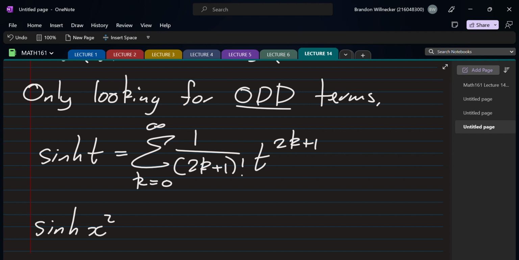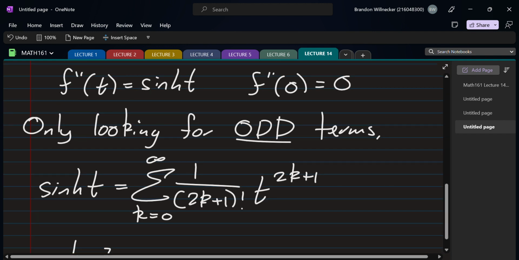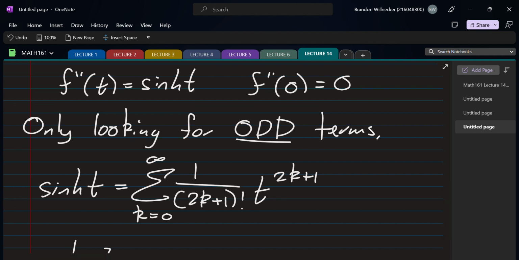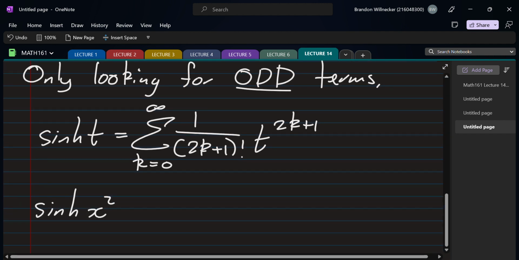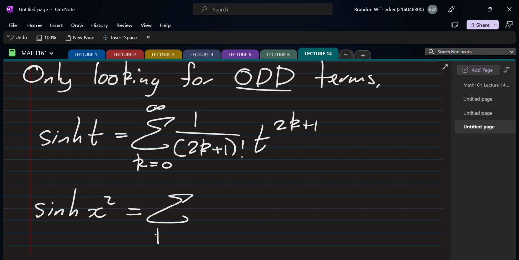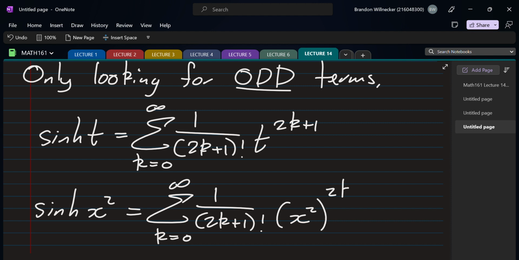The 2k will always be even, and then 1 after an even number is always odd. We start from 0, so if you put in k equals 0, you get 1. If you put k equals 1, you get 3, then 5, then 7, and so on. So that will be the sum from k equals 0 to infinity of 1 over (2k plus 1) factorial, times x squared to the 2k plus 1. That is your sine hyperbolic x squared.